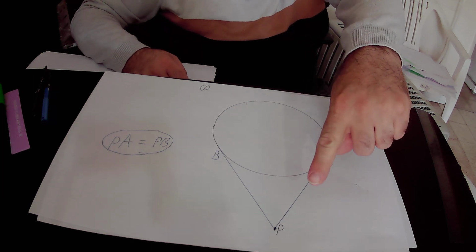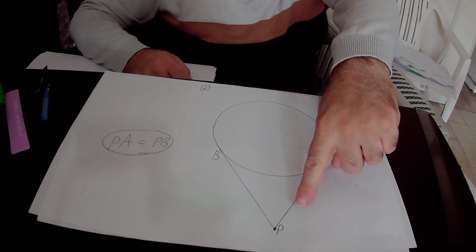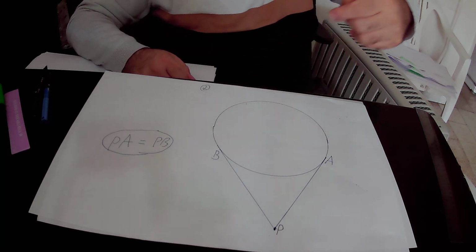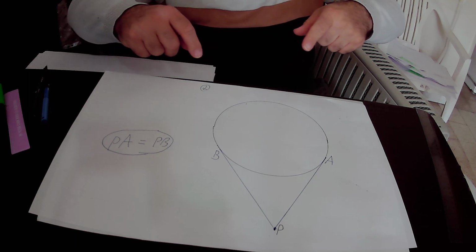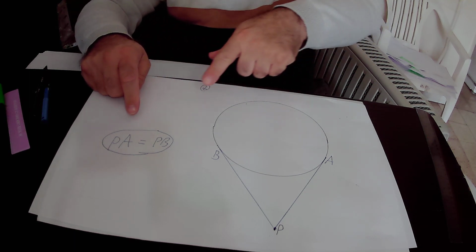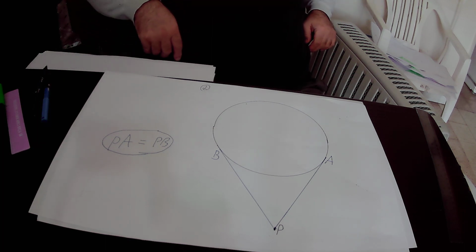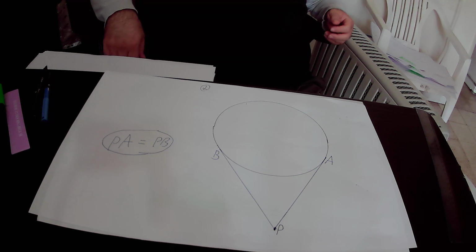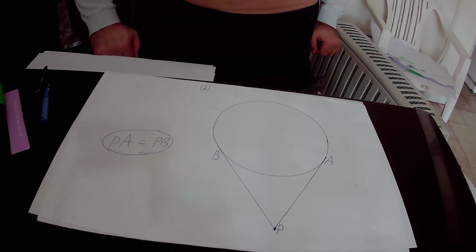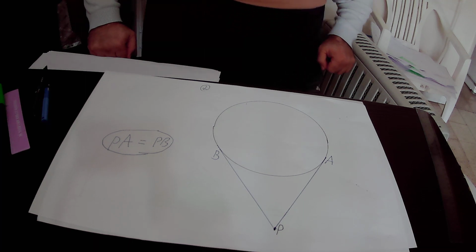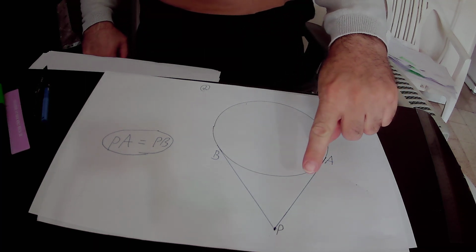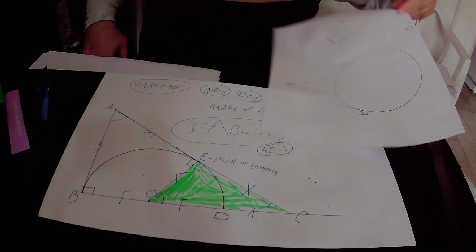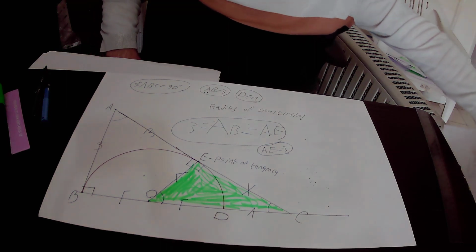According to the two tangents theorem, PA equals PB. So whenever you have a common external point of a circle and you draw two tangents to that circle, the lengths of those two tangents will be equal to each other. In this case, PA will be equal to PB.